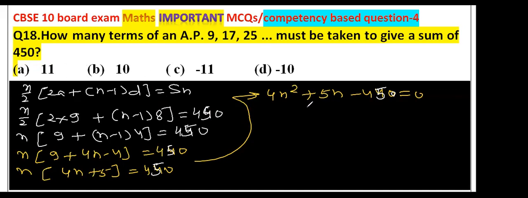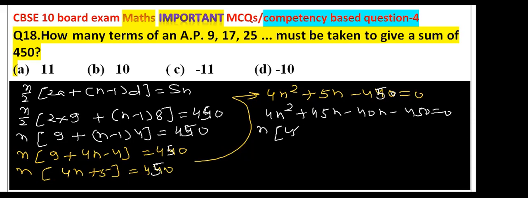सो देखिए that is we can further factorize as 4n square by splitting middle term. Then 45n minus 40n minus 450 is equal to 0.